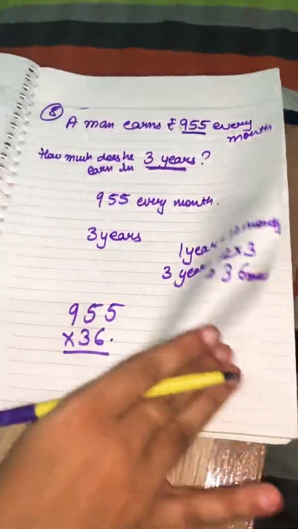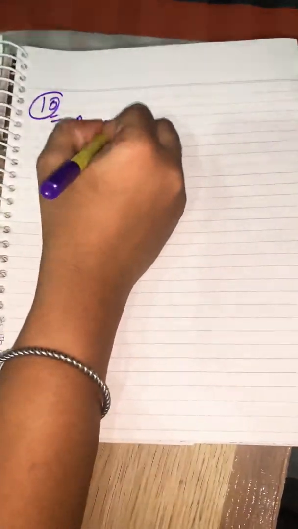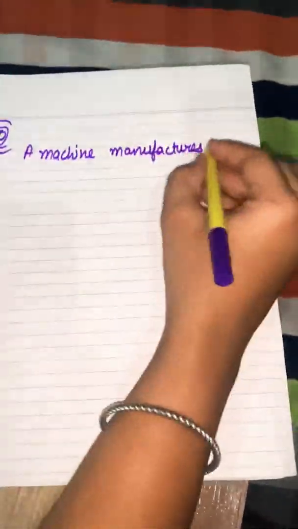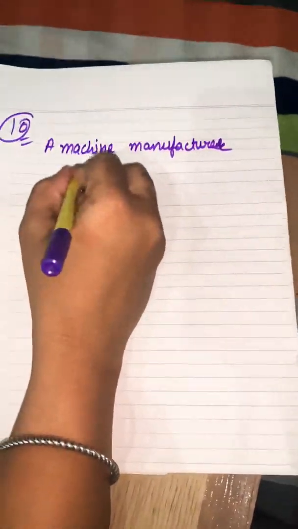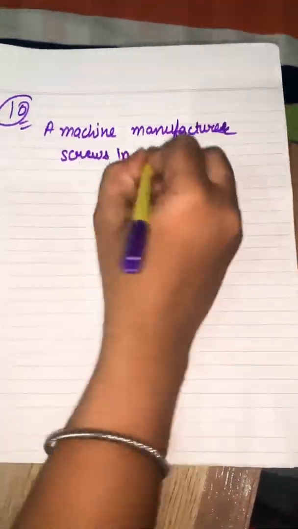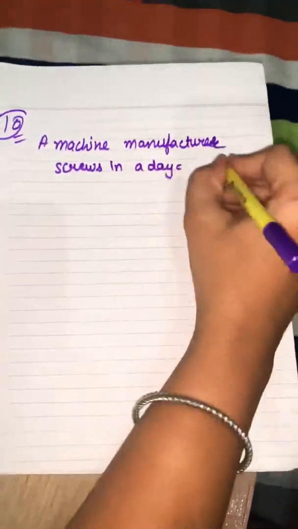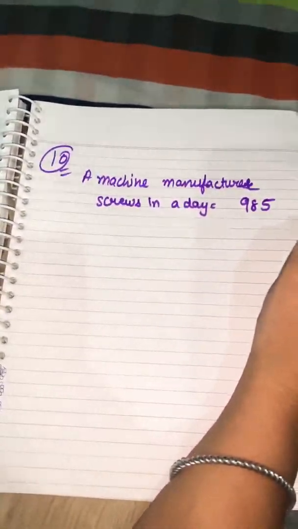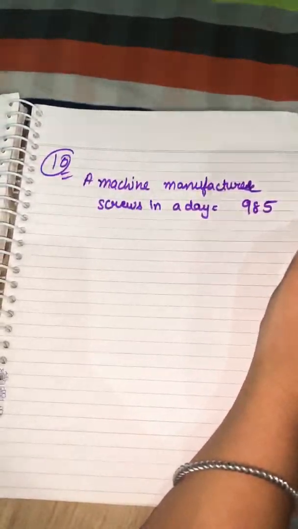Now the 10th question. Question number 10. A machine manufactures 985 screws in a day. How many screws will it manufacture from the beginning of the year till the end of September?